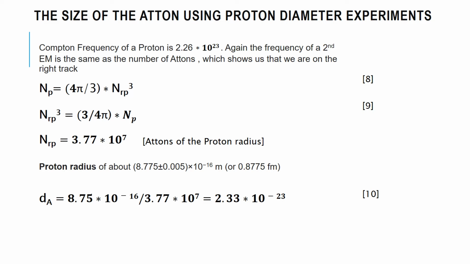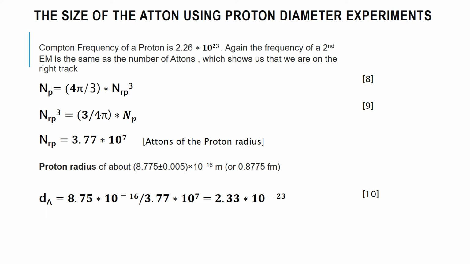So now we have the number of attons in a proton, which then allows us, using the volume formula, to calculate the radius of the proton in numbers of attons, which is 3.77 times 10 to the power of 7.